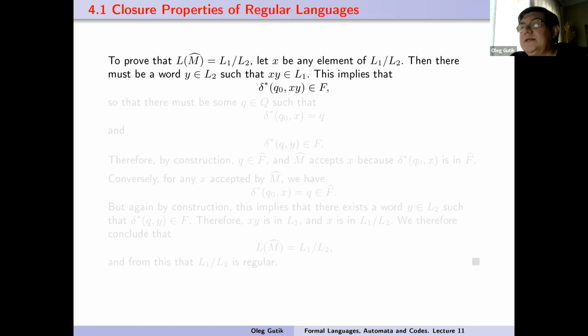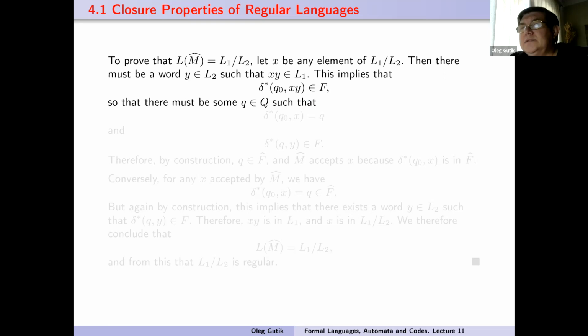This implies that the image of q0 xy under the extended transition function delta star belongs to the set of final states F capital.